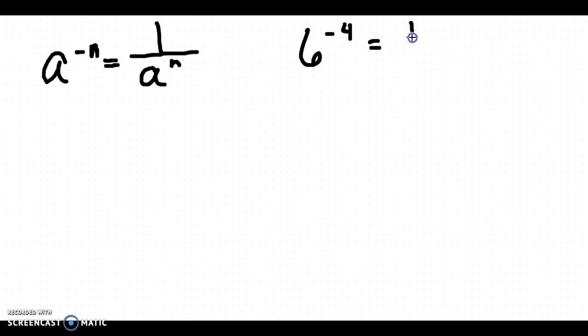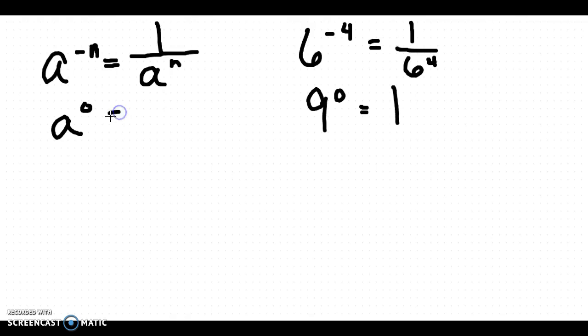That's going to be equal to 1 over 6 to the 4th. If we had 9 to the 0th power, remember anything to the 0th power is going to be equal to 1, because we have the general rule, a to the 0th power equals 1. So these are your two rules that you're going to want to know.